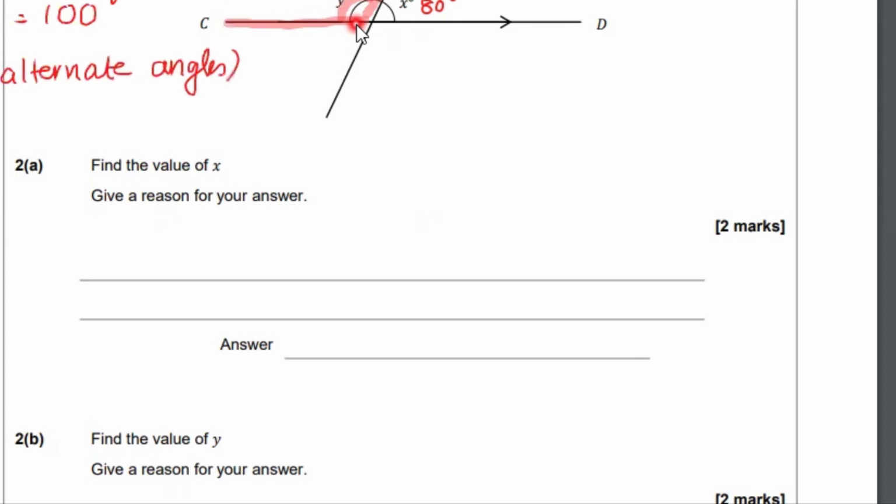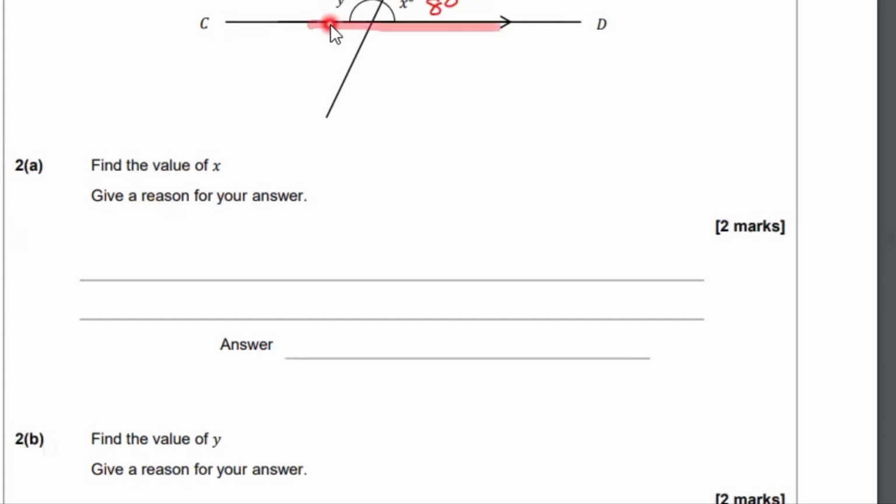Now, you might have noticed that there's not just one way to solve this, however. We can also solve angle questions in multiple ways. And I'm also going to show you another way we can get the answer for this. If I know that x is 80 degrees, I can see that x and y are lying on a straight line. For angles that lie on a straight line, we know that they have to add up to 180.